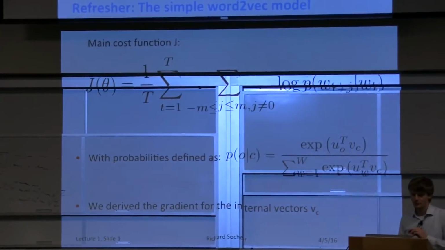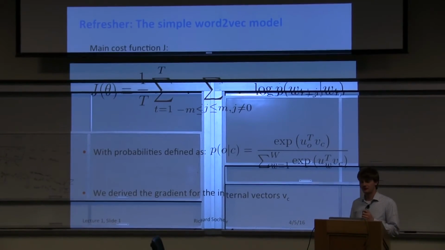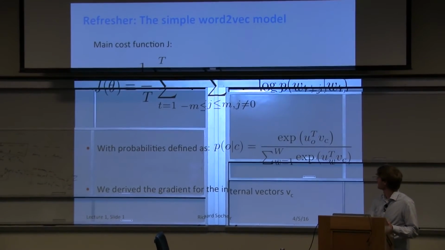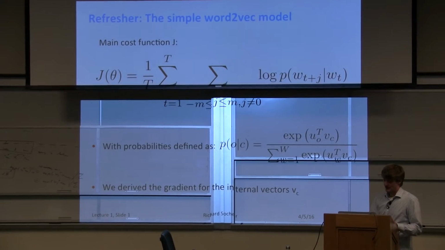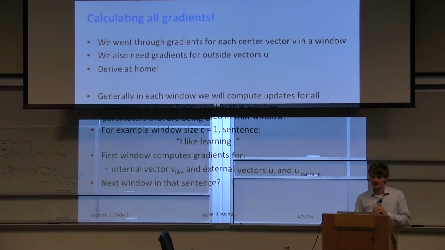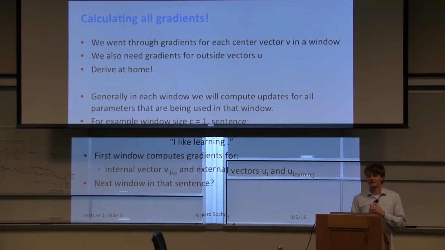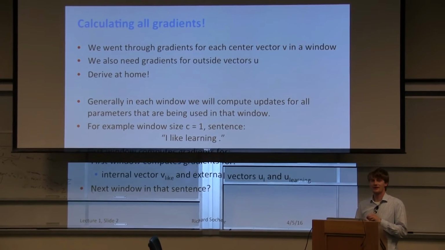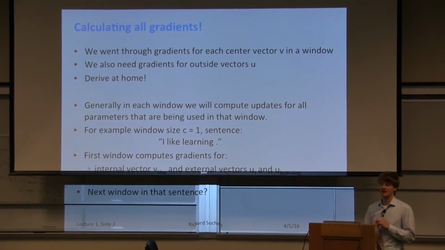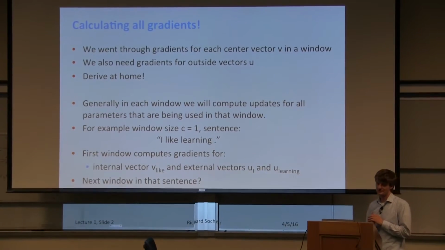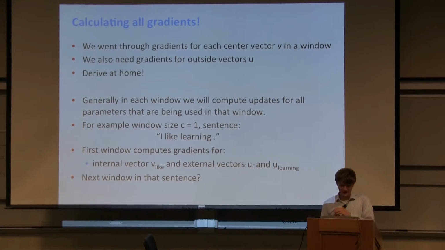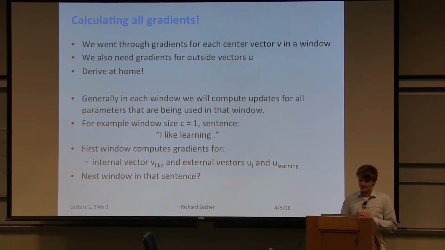So on the whiteboard last time we derived the gradient for v_c. And I encourage all of you to derive the gradient for the outside vectors u also by yourself, and make sure you can follow that.